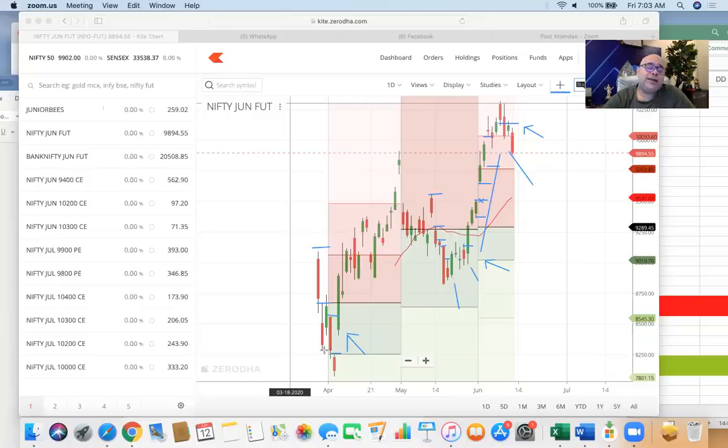Do not get into the first crossing of the previous high. Wait for the second crossing. It may be lower or it may be higher, like it is shown here. So this is a technique where you should be able to enter these 800 to 1000 point swings, which you get routinely.